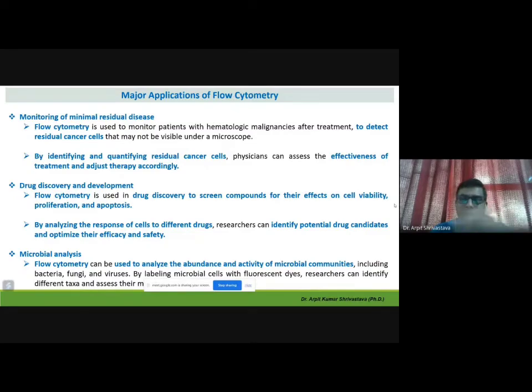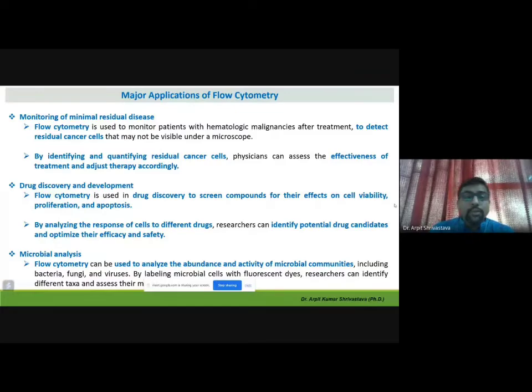But flow cytometry can easily detect this residual cancer in patients who are on medication. So this is very important for the physician. They can check properly and continue or stop the medication as required for that particular patient. By identifying and quantifying residual cancer cells, physicians can treat the patient accordingly.